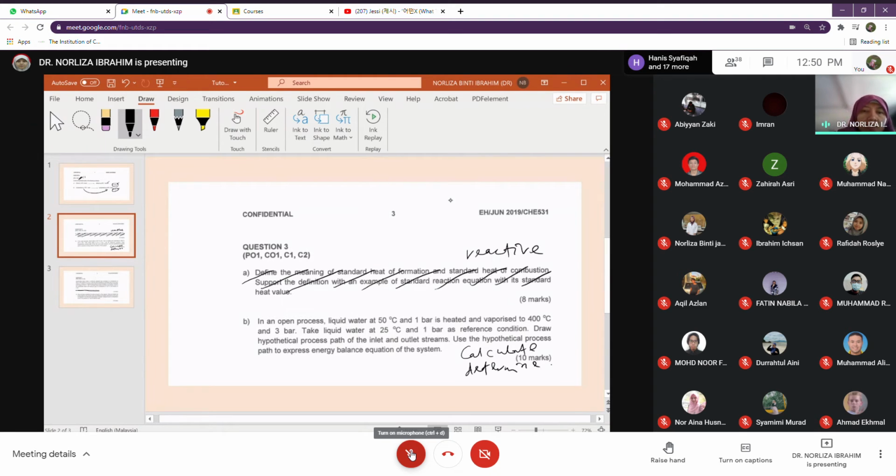So this one is correct, C1, C2, because no calculation. With calculation, you can go up to C4, C3. So it's actually a definition, explanation, elaboration.